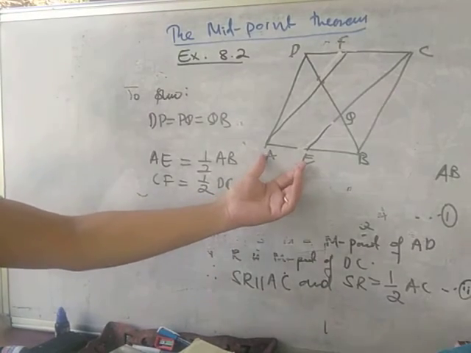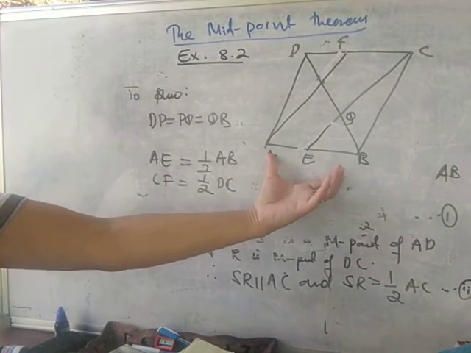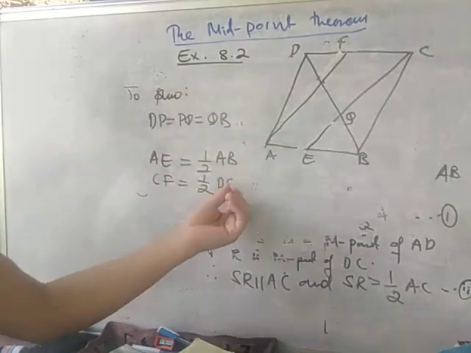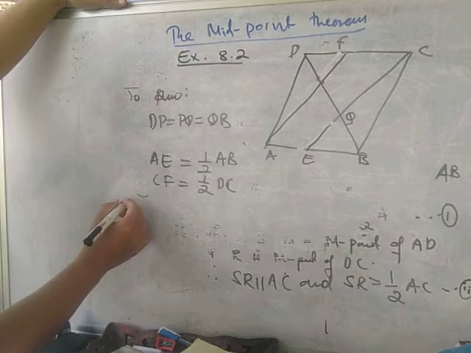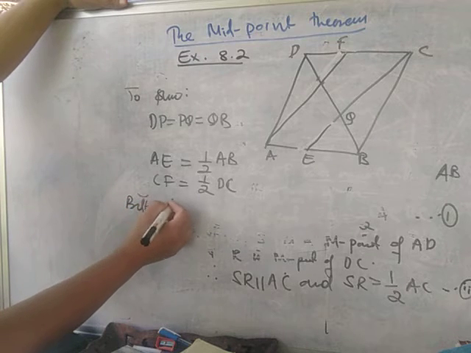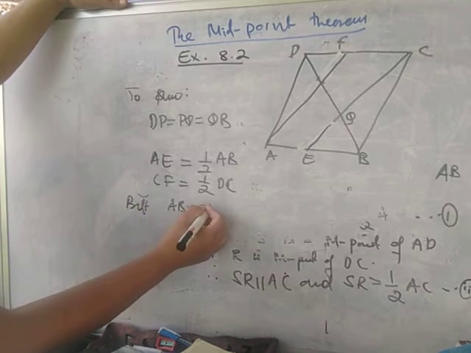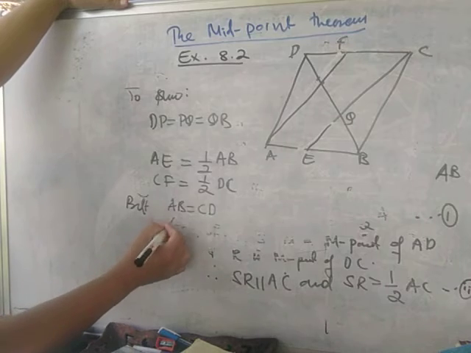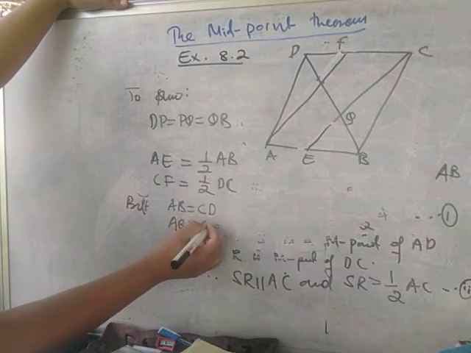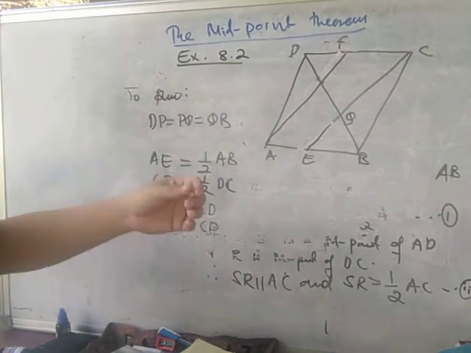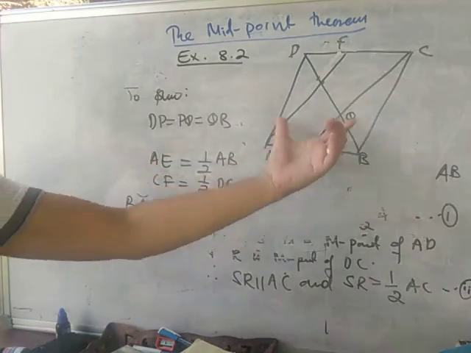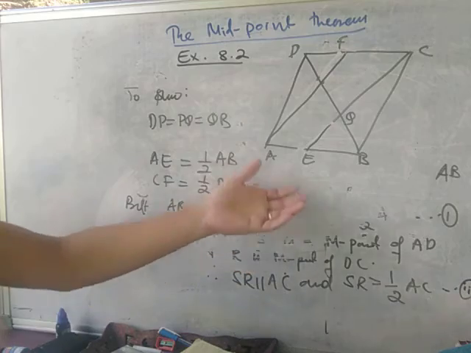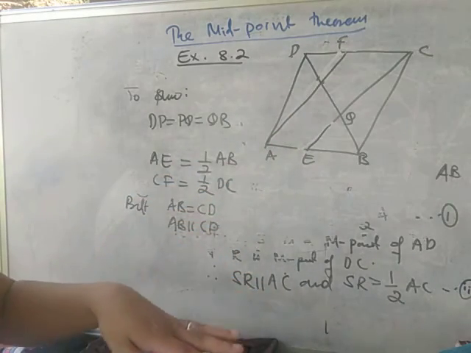And CF equals half of DC, isn't it? Now, AB equals CD, and AB is parallel to CD, isn't it? This is a parallelogram, so these two are equal and they are parallel also.